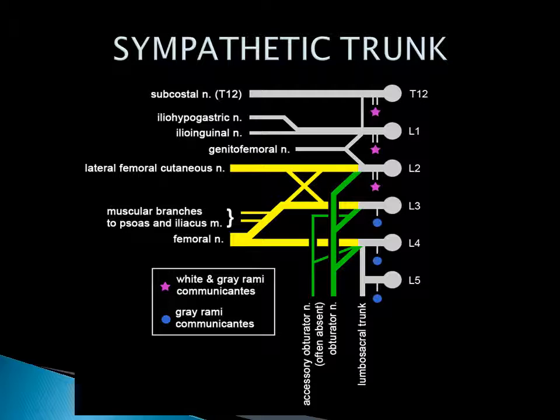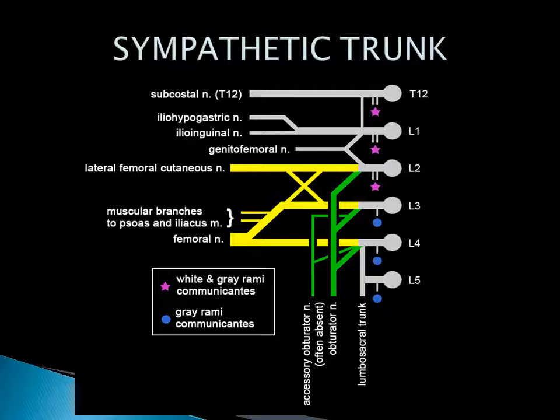And primarily when we're talking about the sympathetics, the sympathetic motor neuron fibers then go on to innervate somatic structures in the lower extremities, somatic structures that are under autonomic control, such as the blood vessels, the erector pili muscles, and glands.